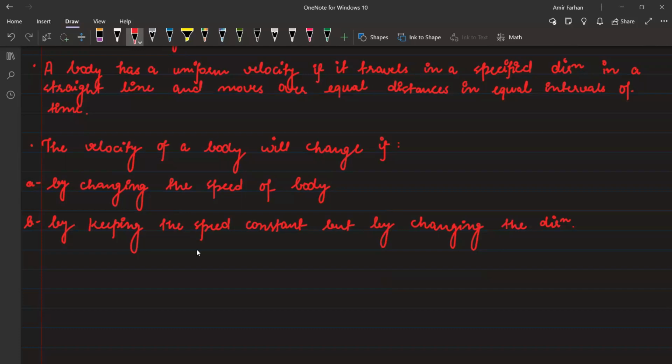Let's take one example. Suppose a body is moving with 100 km per hour in the east direction. Without changing its speed, the body moves towards the south. The magnitude is the same, it's moving with the same 100 km per hour.